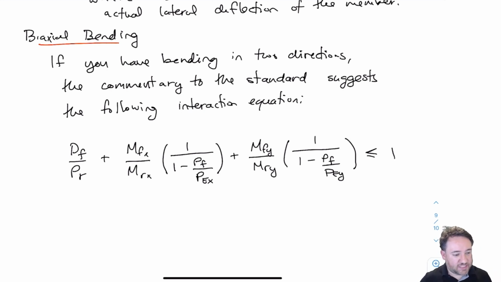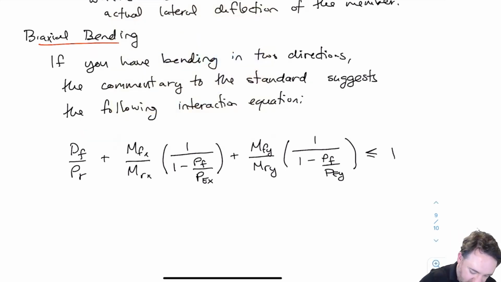So that's basically saying that bending in one direction and bending in the other direction are additive, which makes sense because if I bend in this direction, I get extreme tension in the fibers on this side. And if I bend in the other direction, I'm going to get extreme tension on this side, for example, and that point basically represents one corner of the cross section. And once that corner of the cross section reaches the tension strength, then my beam is going to fail.